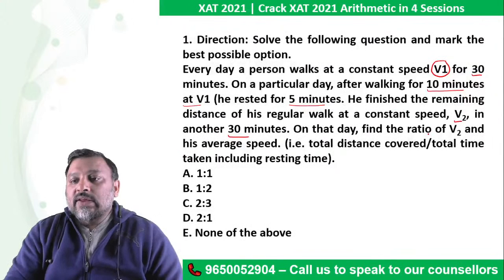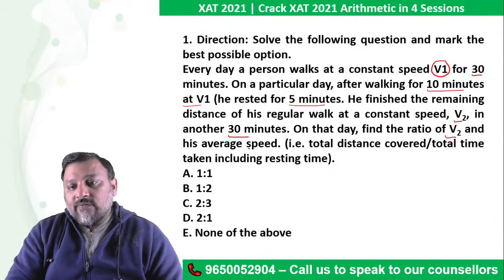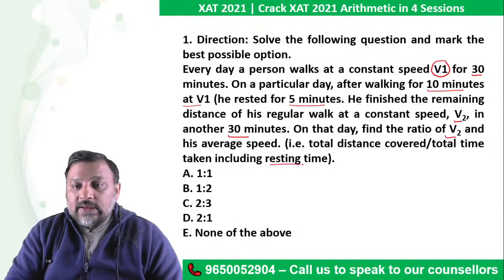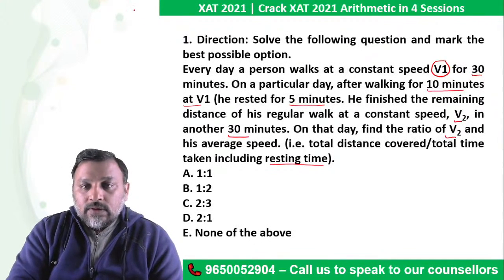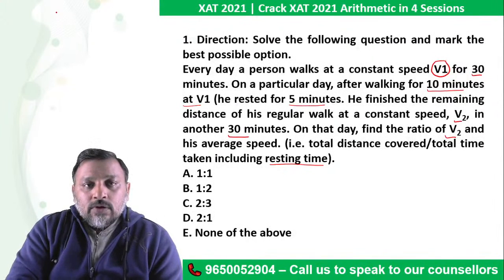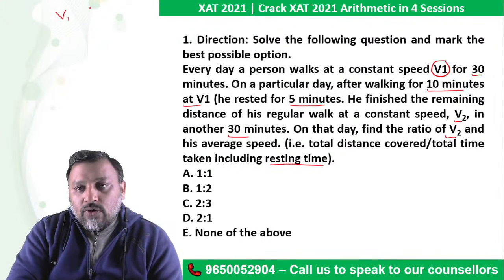We need to find the ratio of V2 to the average speed, which is defined as total distance by total time including the resting time. So we can assume any value of V1 and get a corresponding value of V2.